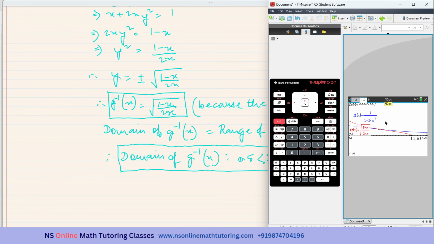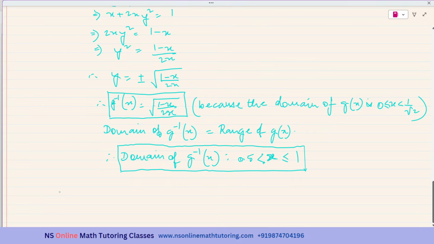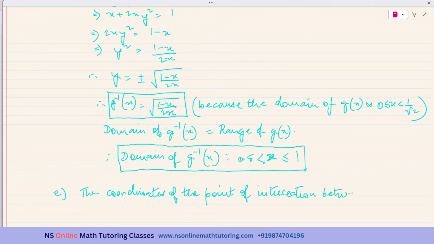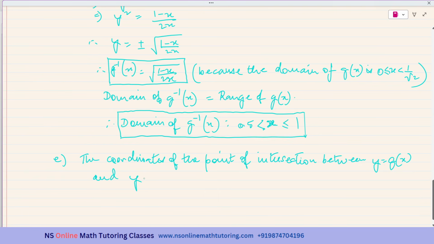Let me first of all write the point of intersection. So part E, the coordinates of the point of intersection between y equals g of x and y equals g inverse of x are 0.589755 comma 0.589755.